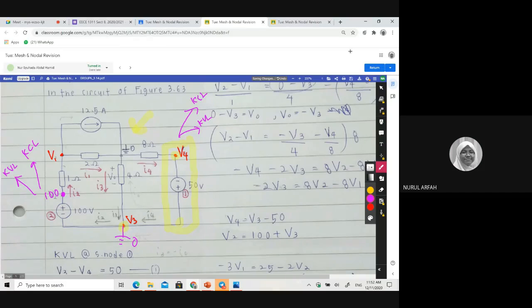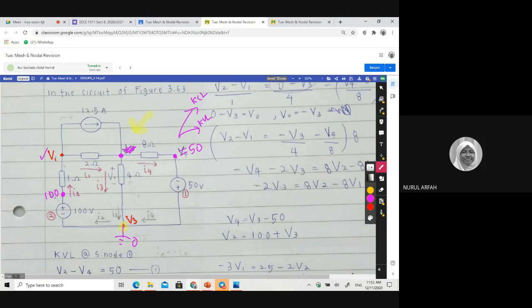Okay, 100. And then I just remove this. And V1 keep as it is because we don't have any value there. What about V4? 50. 50 here.